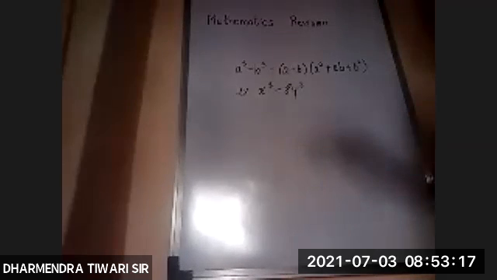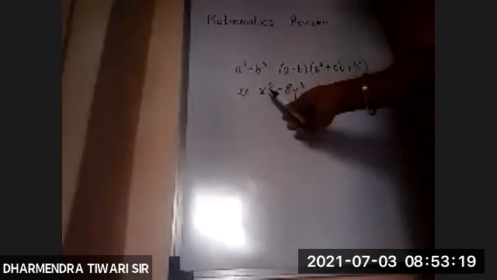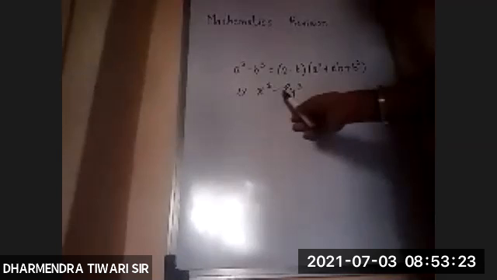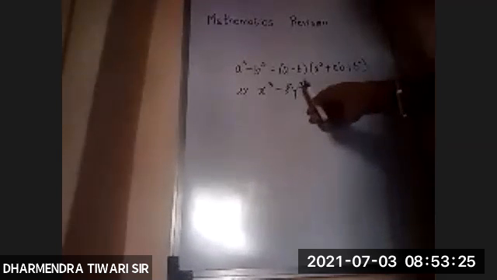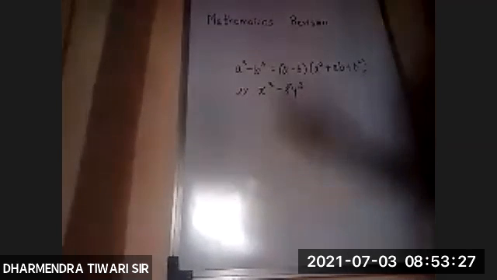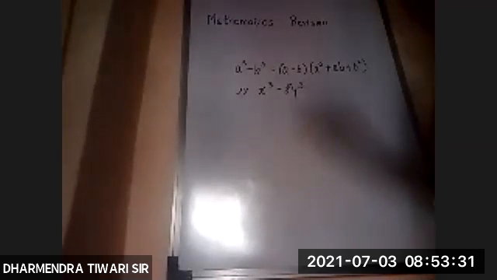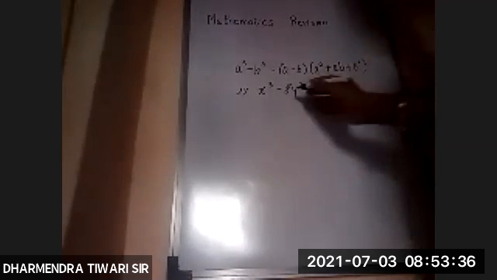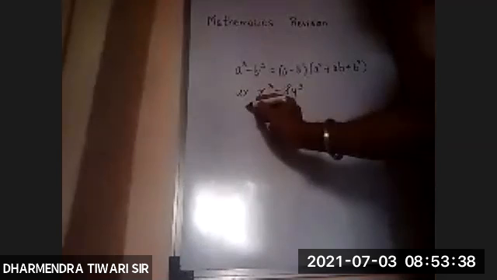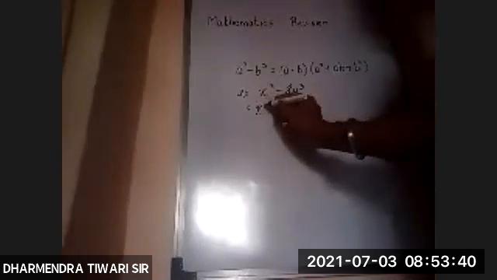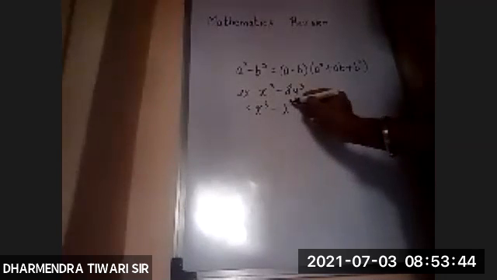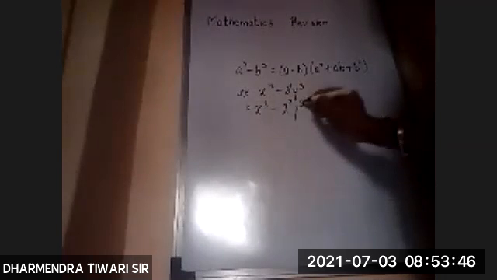Now we can see that the first component is present in cube form. The second component has the form of a cube, but it is not in cube form. So we should know which number's cube will give me 8. Can we give the answer? Yes. We know that 2 cube is 8, into y cube.